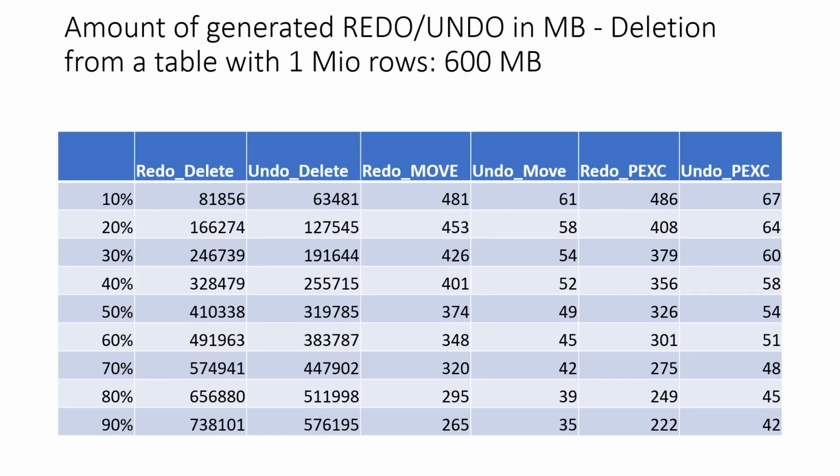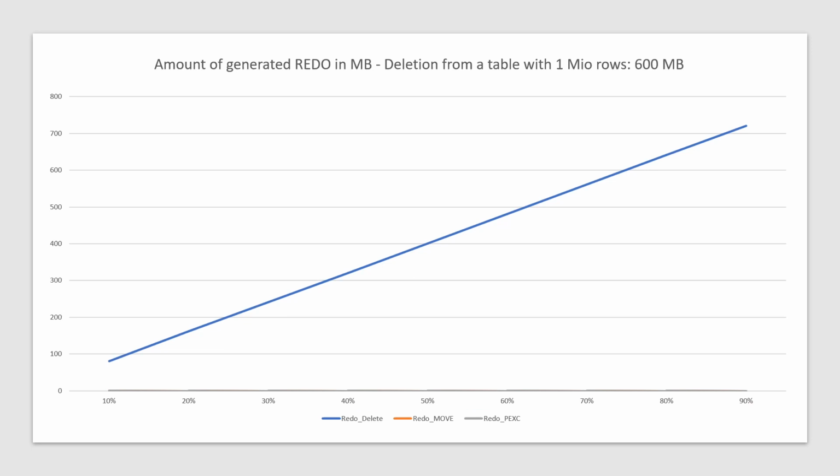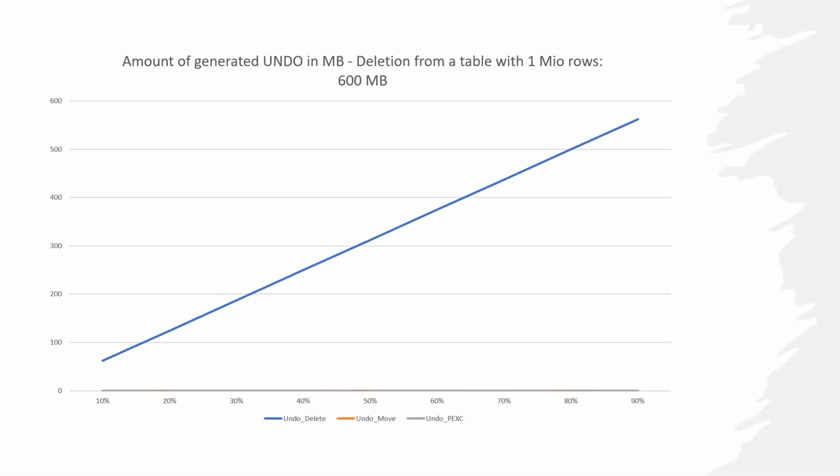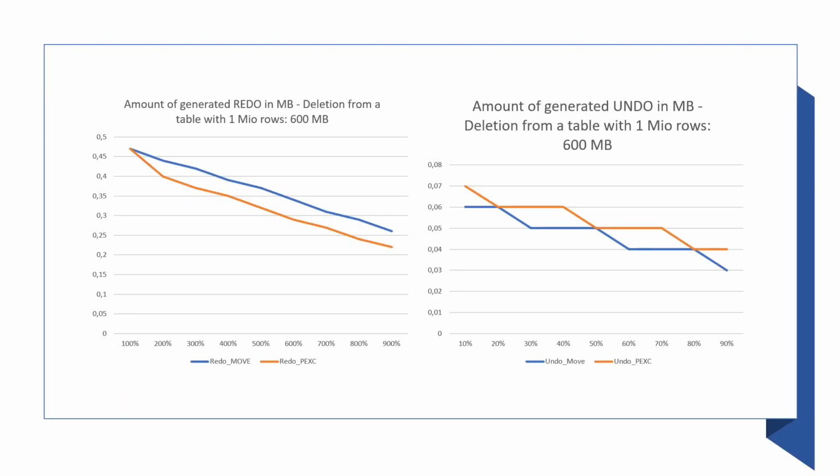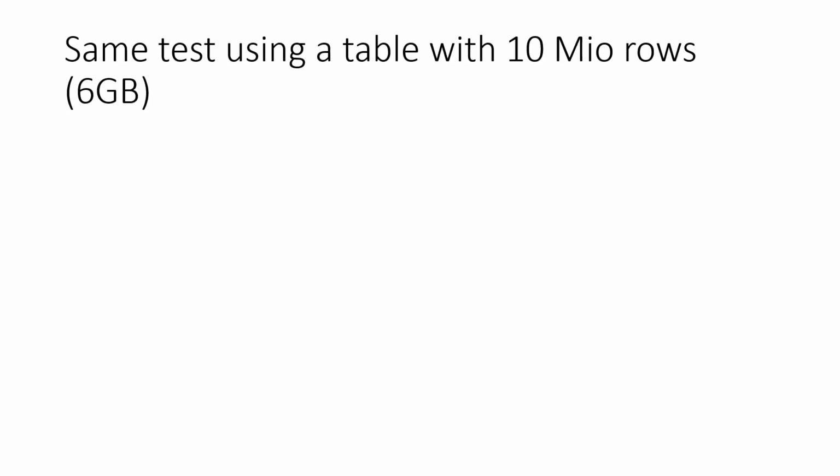And here we take a look into the amount of generated redo and undo for all the methods, and we see that again the winners are the DDL methods. And we see that the more data we delete, the better the method is. And we see here that for the DDL methods, those methods hardly generate undo or redo.